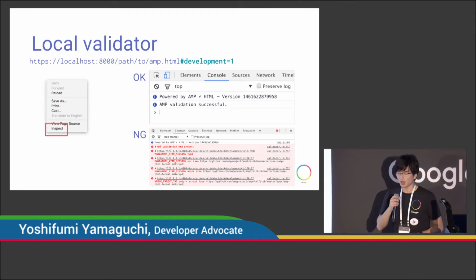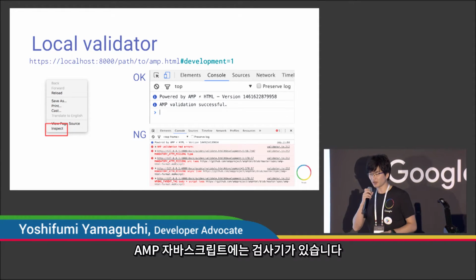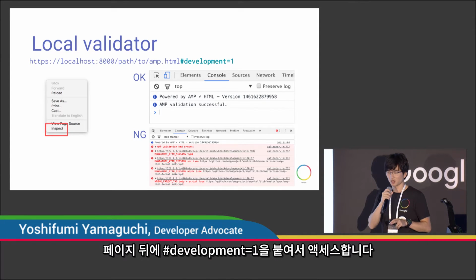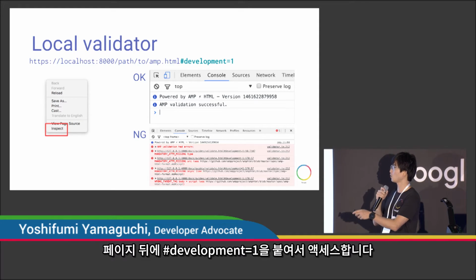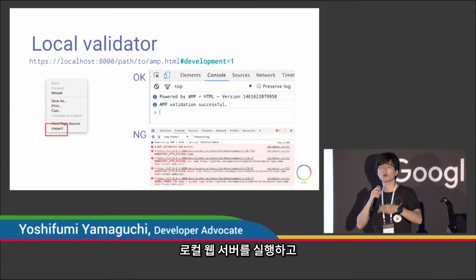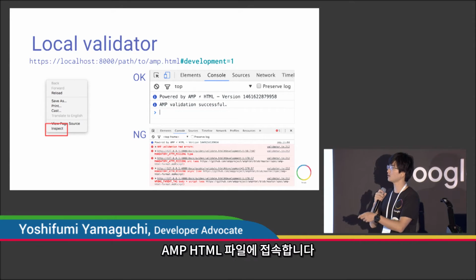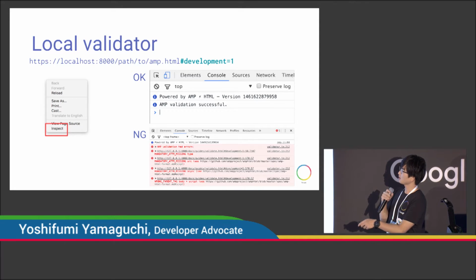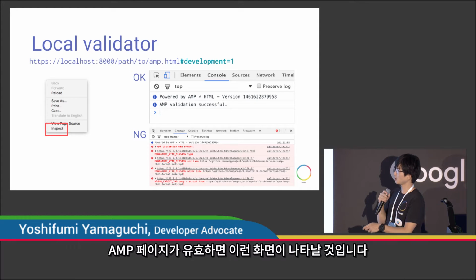And then AMP JavaScript comes with the validator, so developers can confirm the validity of the created web pages by accessing the page with the fragment development equals 1. You can launch a local web server and then access that AMP HTML file. Then in the case of Chrome, you can launch the dev tools. If you access the console, you see this kind of message if the AMP page is valid.